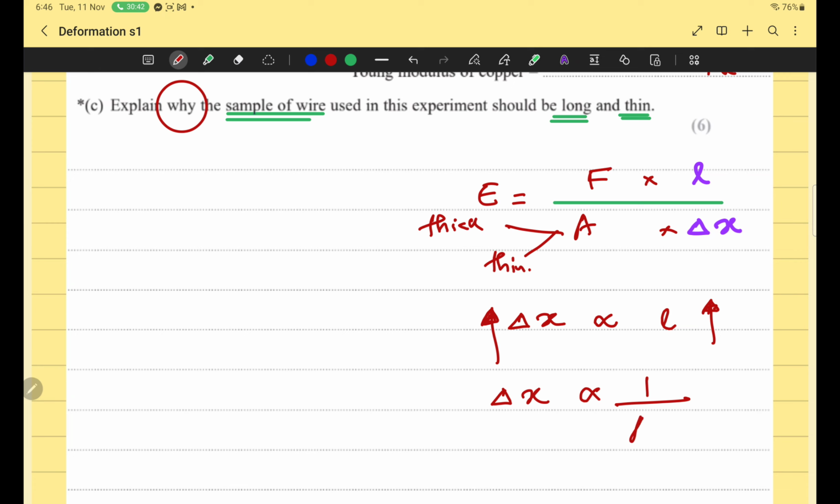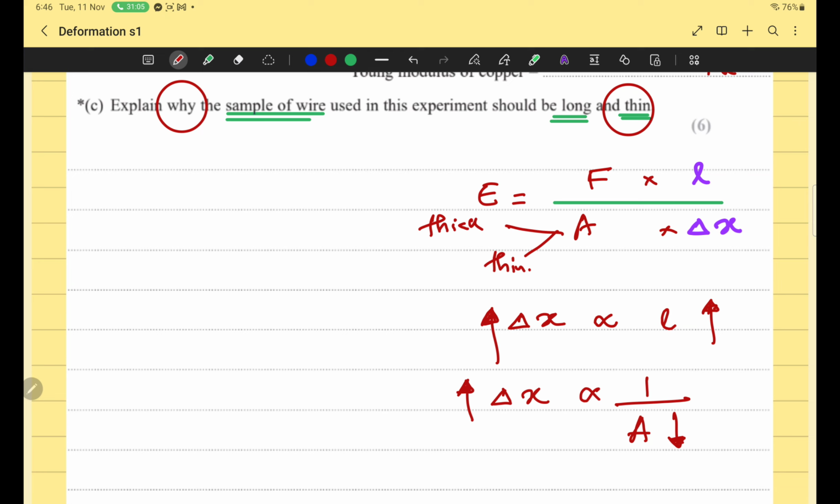So if the wire is thin, area of cross section will be small, then again it is easy to stretch. And if it is easy to stretch, then obviously it is easy to measure. When the extension is long, then it is easy to measure.